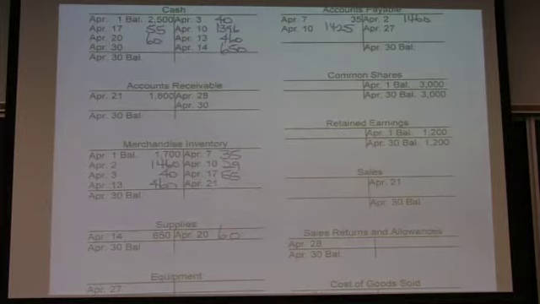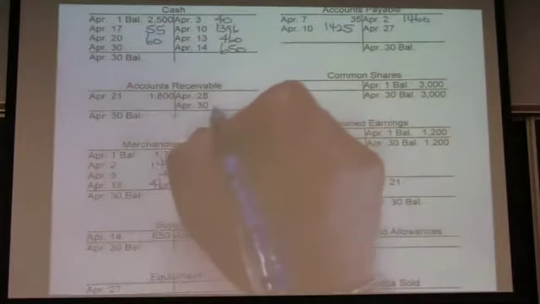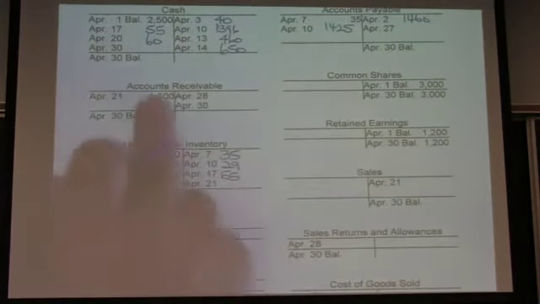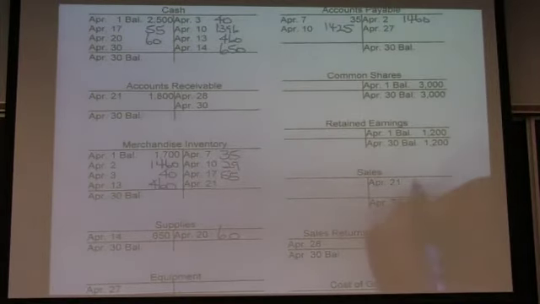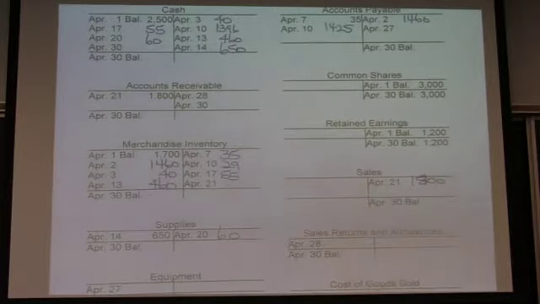On the 21st, we sold merchandise on account. So we need to debit accounts receivable on the 21st. That's why there's a debit there of $1,800. And we're going to credit sales, $1,800, right?